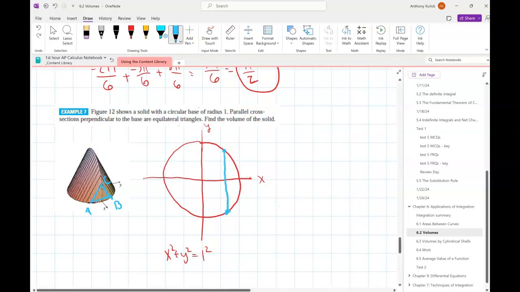So that's A and B. A is the point x comma y, and B would be the point x comma negative y. So this is y, that's y. So my length for AB should be 2y.